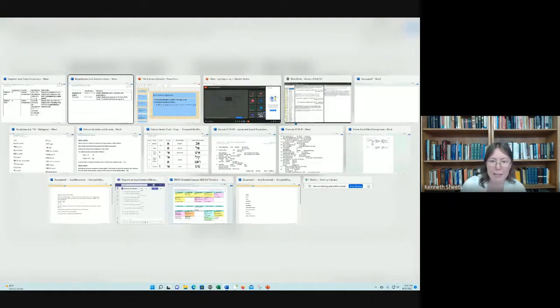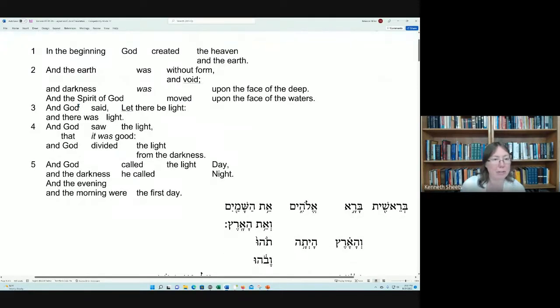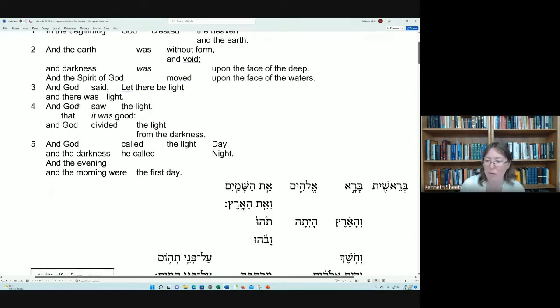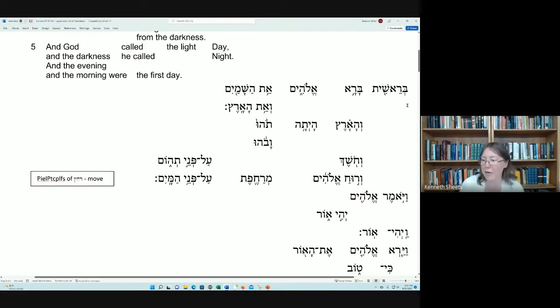As an example, we can come on over here to Genesis chapter 1, verses 1 through 5, especially. And so we were actually talking a little bit about this particular passage right before we got started. But notice right here, the very first word here in our text, Bereshith.